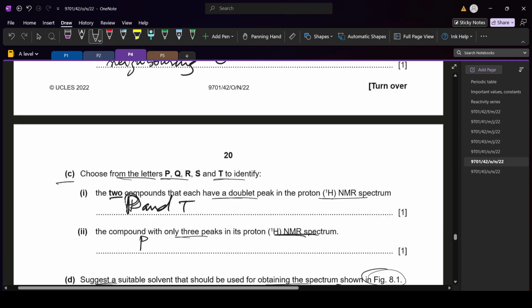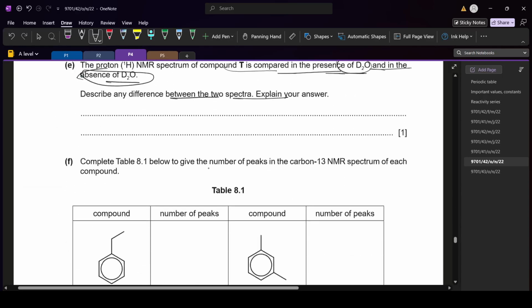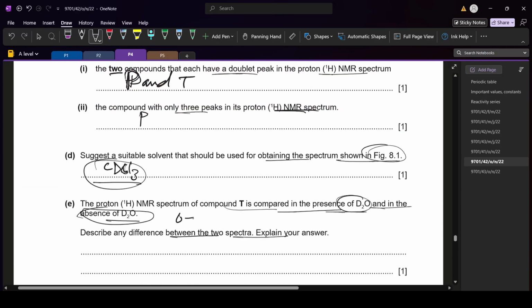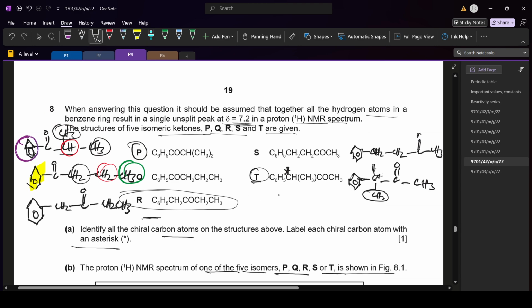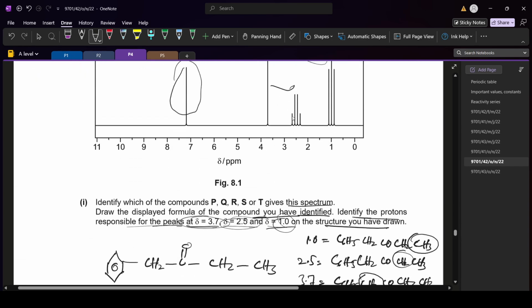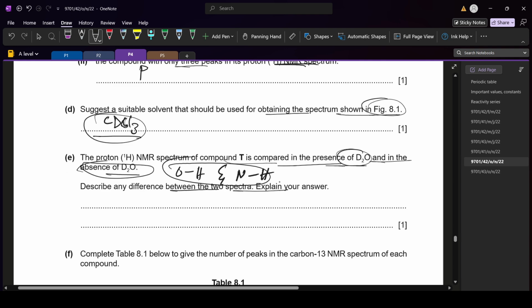D2O is used to find out OH groups and NH groups, but there are no OH or NH groups in these compounds. So there will be no difference in both spectra, because D2O makes the peaks of OH and NH disappear, but there are none here. So no difference.